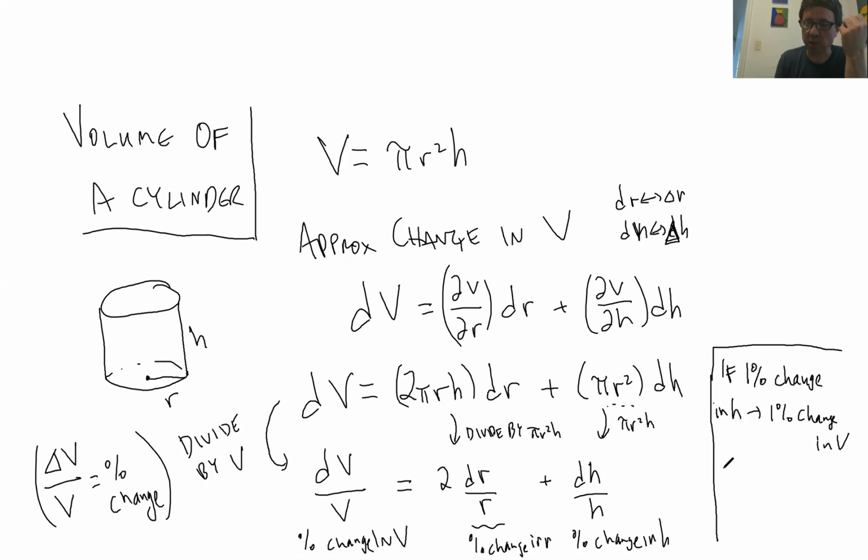How about if you have a 1% change in the radius? So if there's a 1% change in r, assuming that h is not changed, that gets doubled. So the percent change in r is dr over r. If I put it into the formula here, I get a 2% change in the volume.